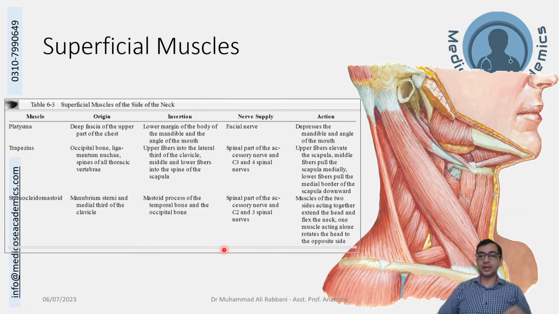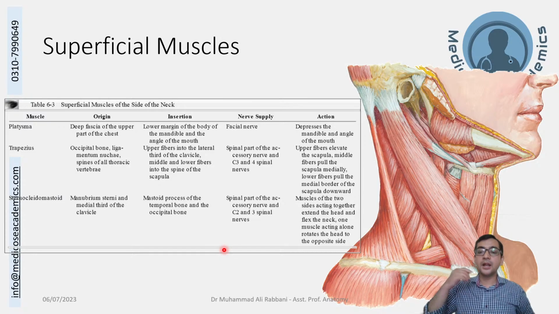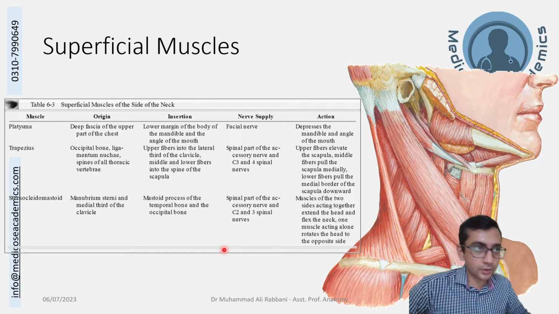This is one function. The other function is on the joints. At the atlanto-occipital joint, it does extension, and at the overall cervical vertebrae, it does flexion.